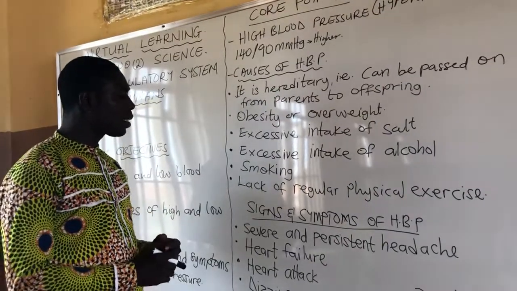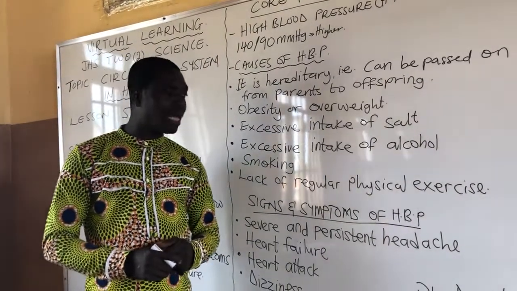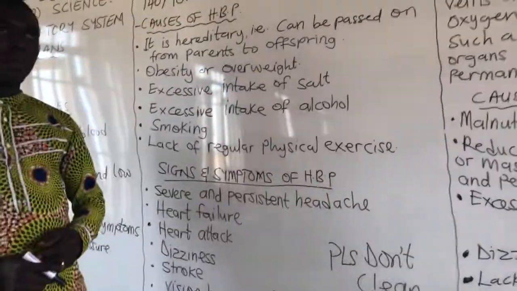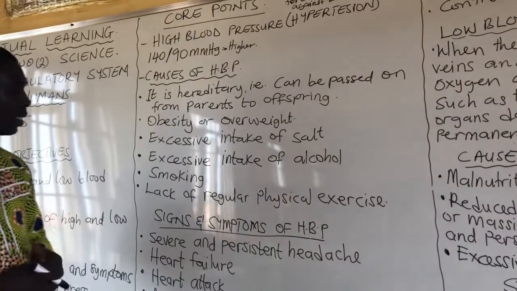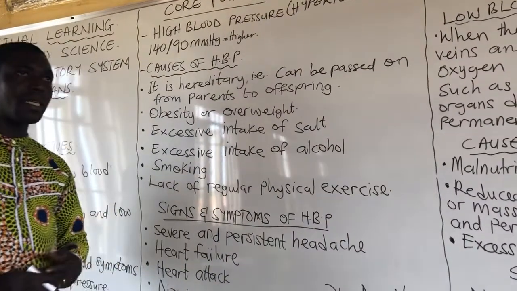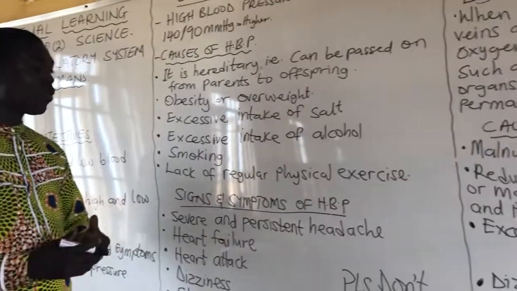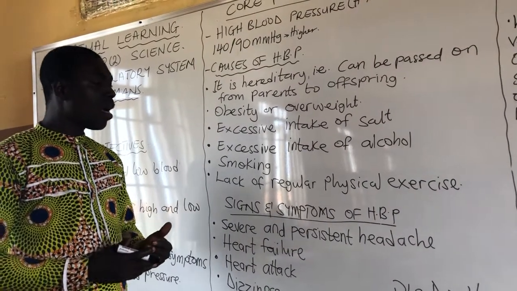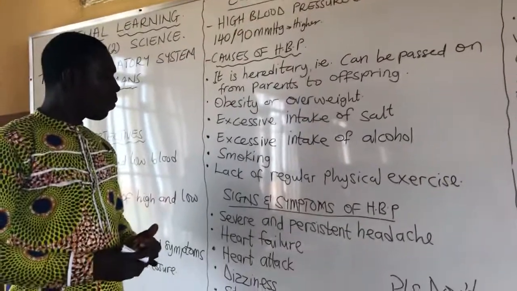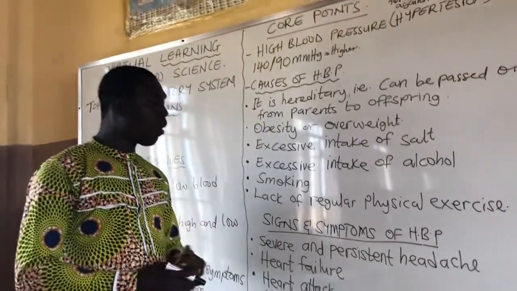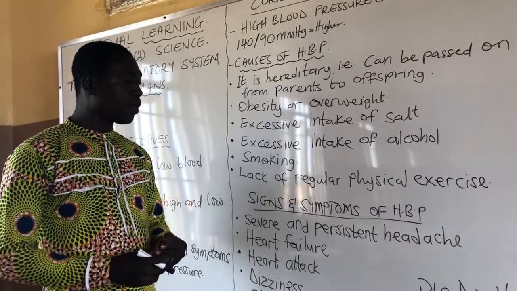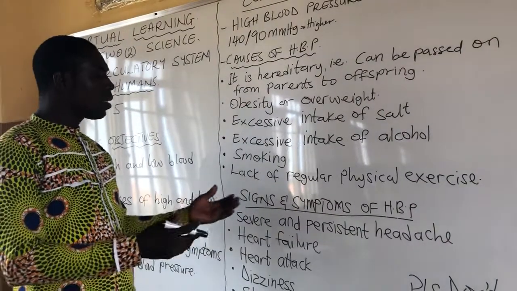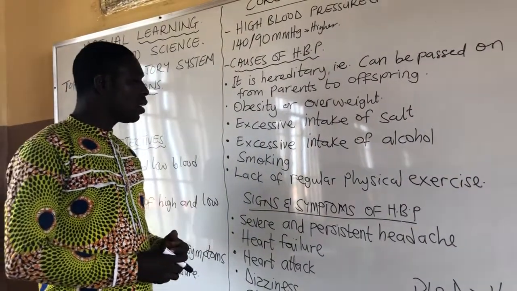Now let's look at the signs and symptoms of high blood pressure. High blood pressure, that is HBP. Now, 1, severe and persistent headache. So when you are there as scientists, we are training you so that in future when you become doctors or when you are into any of the science field, you'll be able to determine some of these diseases.